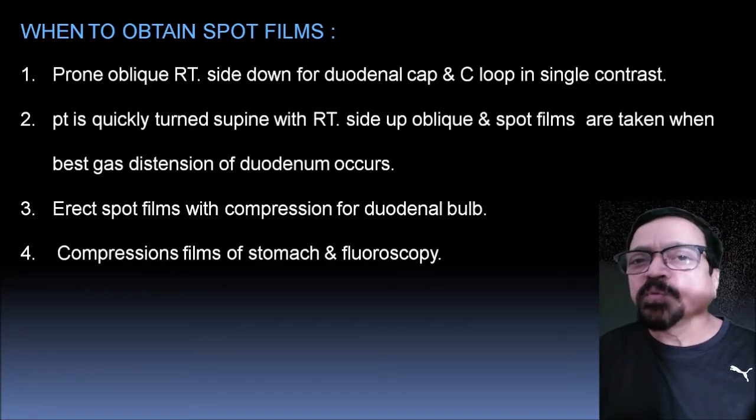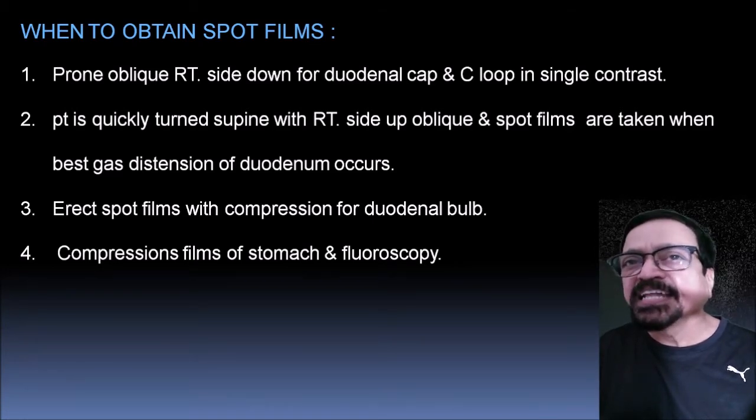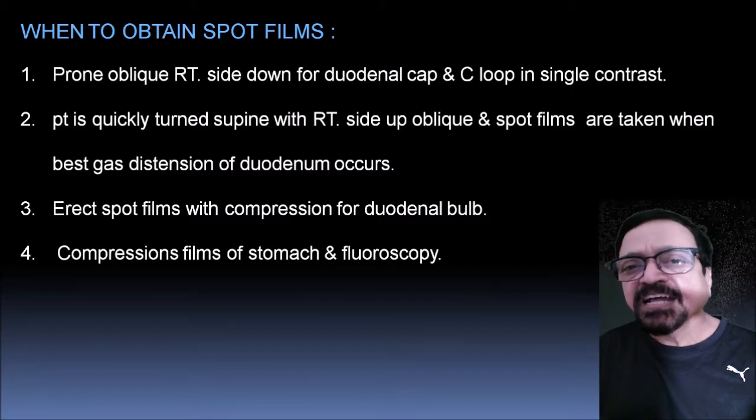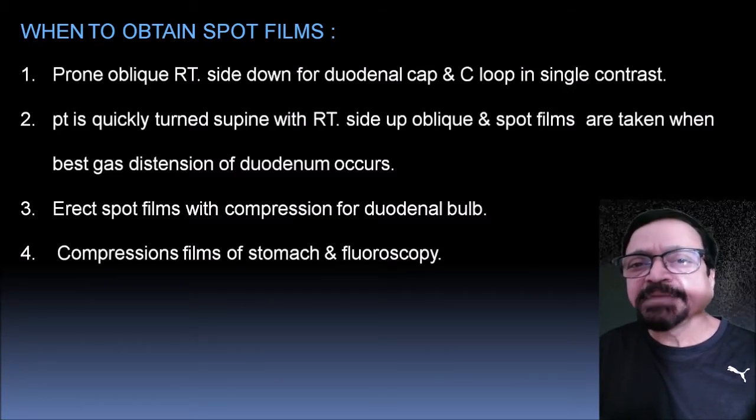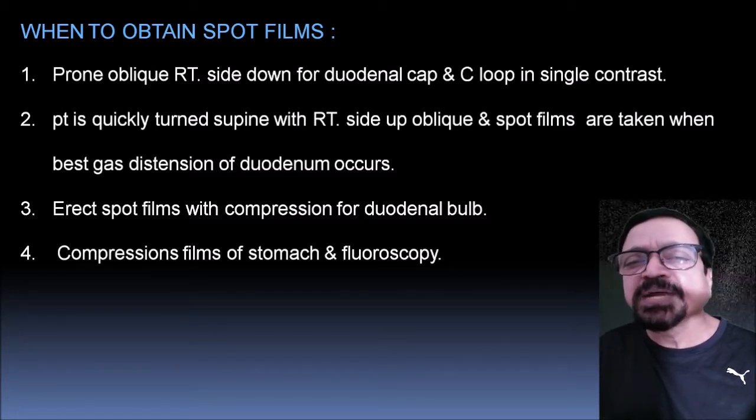Now I'll tell you how we are doing it in our department. There are different methods, as I specified. The first thing, we give a high density barium, we follow it from the esophagus to the stomach, we ask the patient to rotate, and we see that it is coated properly. Once it is coated, we give the patient a gas forming agent, we ask them to swallow, and we take the films.